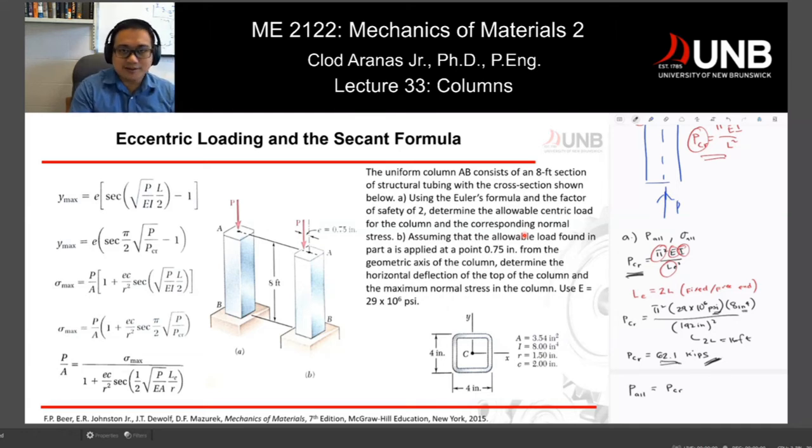Because if we make this higher, imagine that once your structure reaches 62, it will just fail. We have to set our allowable lower so that we have a buffer, so that once they reach a certain lower value, it will never reach that 62 kips. So we have to divide it by our factor of safety.